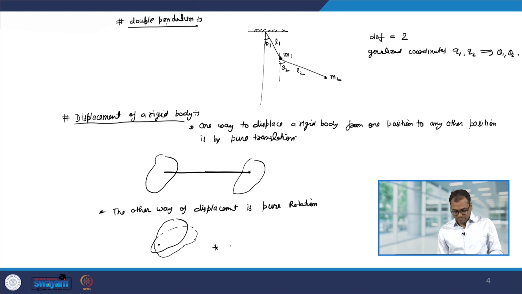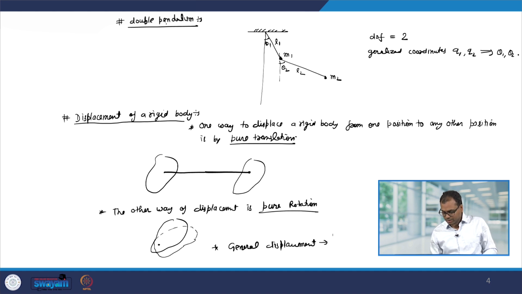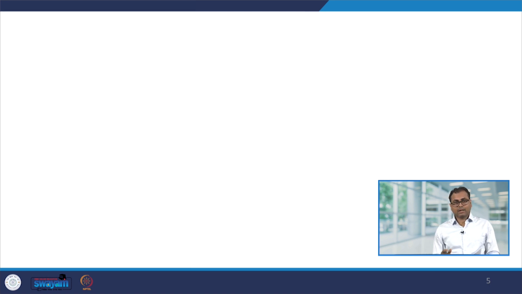But in general, the general displacement is both translation and rotation. So, this is translation plus rotation.